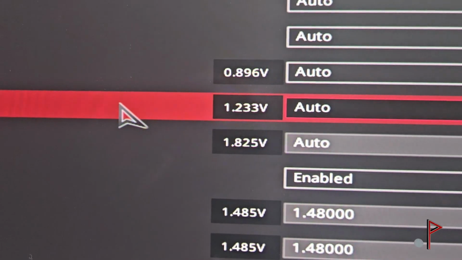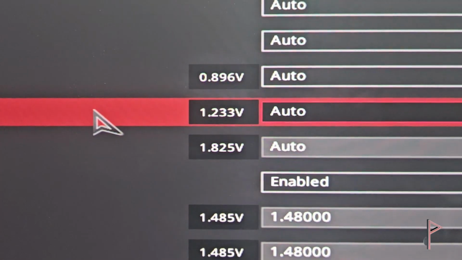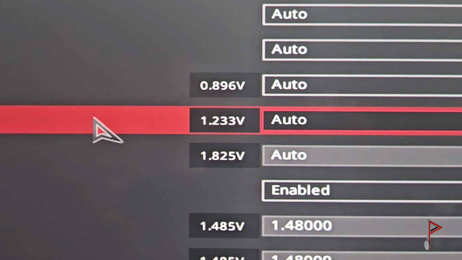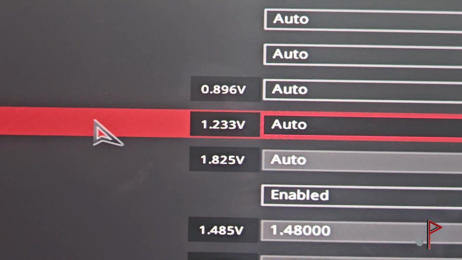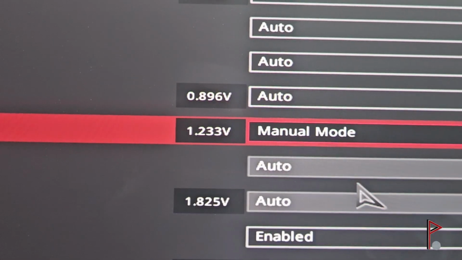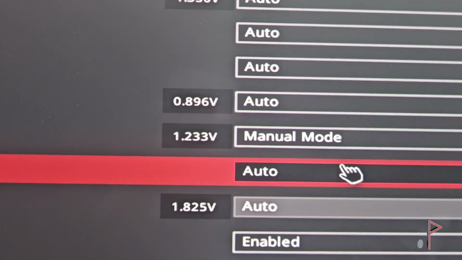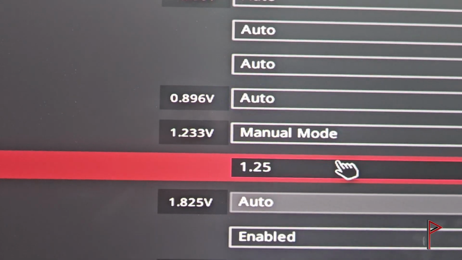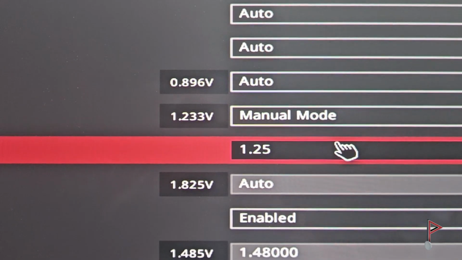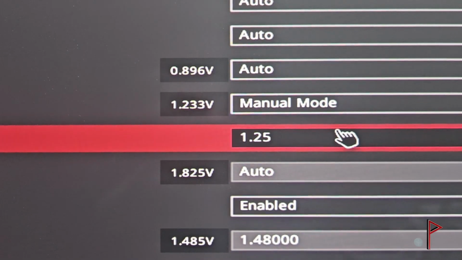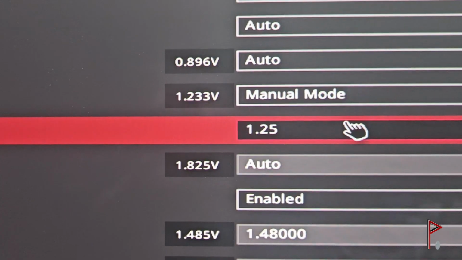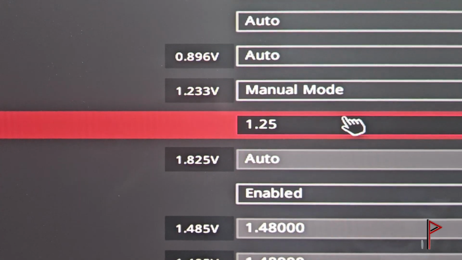There is a phenomenon that many have observed that I heard called the reverse chip phenomenon. So what's considered fairly stable, and we're going to switch it here to manual mode, is we're just going to put 1.25. I didn't encounter the reverse chip, but essentially what it is that you will find sometimes in certain processors that going below 1.25 is advantageous.